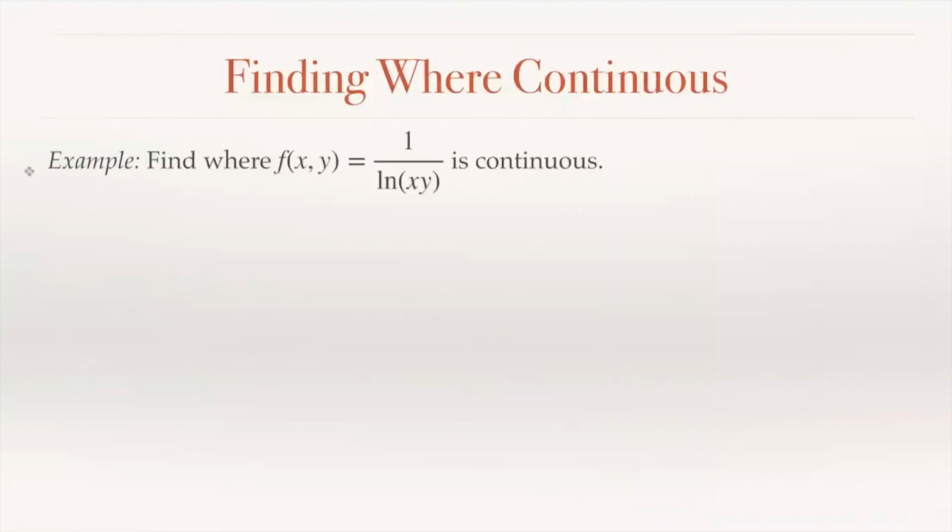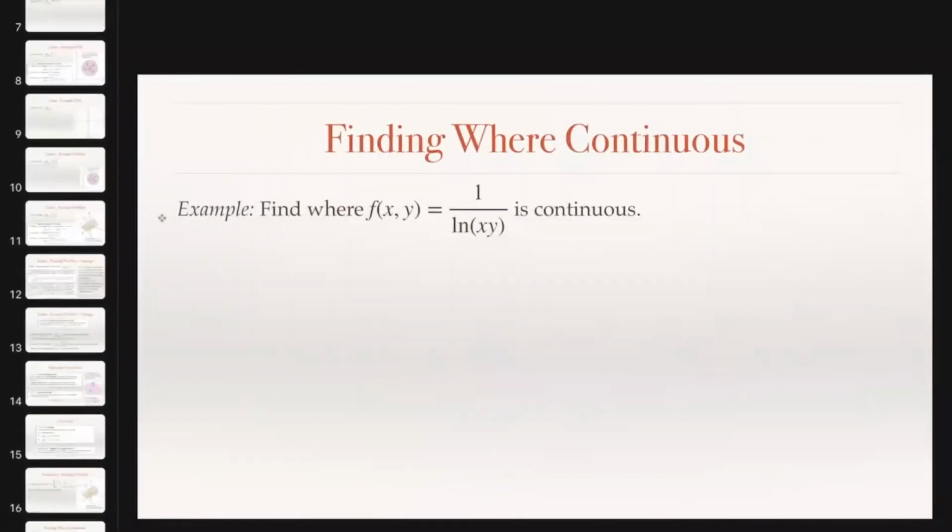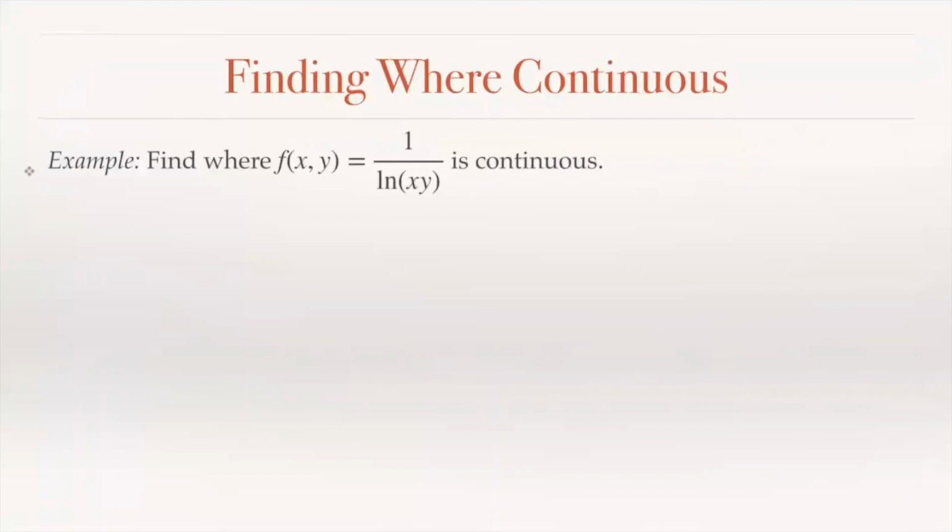Let's find where this function is continuous: 1 over the natural log of xy. By our knowledge of the natural log and the like, this will be continuous everywhere it is defined, so it's actually the same as finding the domain. The reason is that this function has no jumps, gaps, etc. So we need two things.